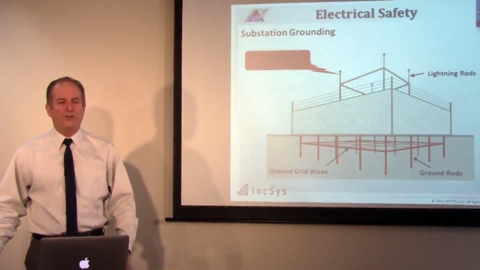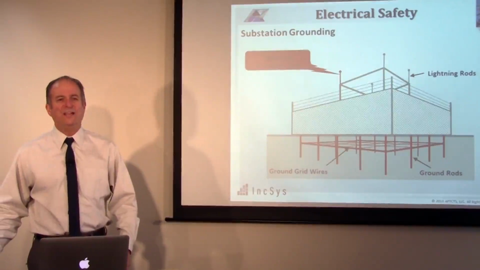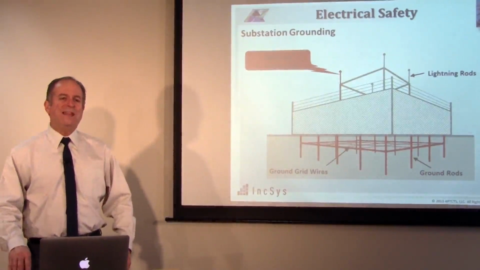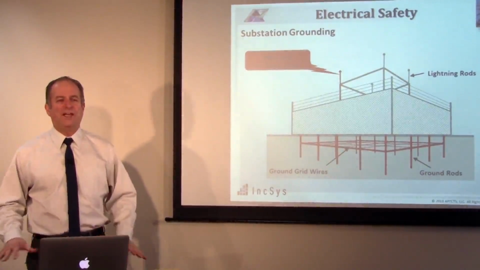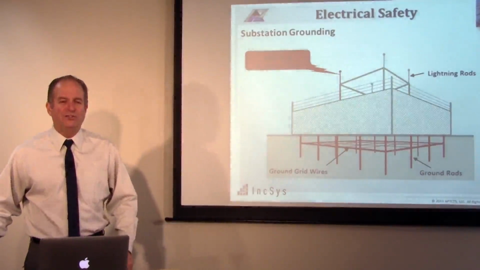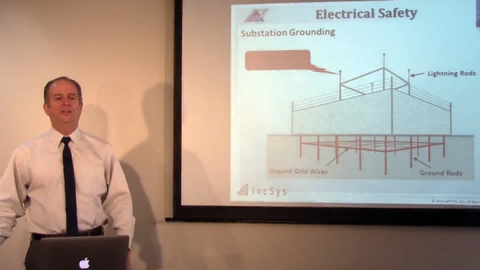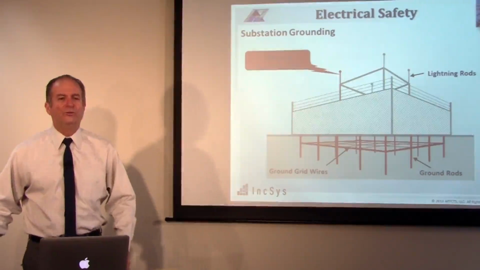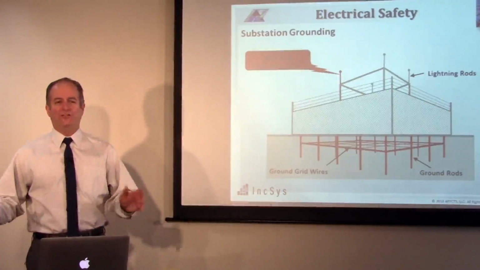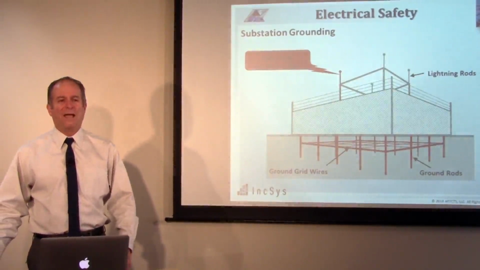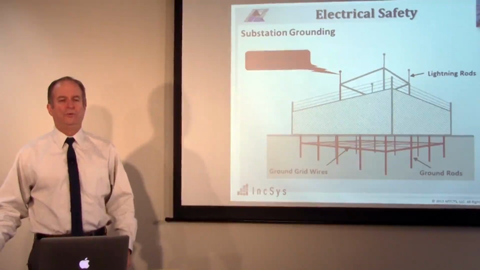Now, when a fault happens in a substation or a lightning strike hits in a substation, that energy is dissipated throughout that ground grid and dissipated into the conductive earth. If it's a fault in a substation, then the energy is going to go back to the sources through the earth, and in some cases back through neutral and static wires, but most of that energy is going to go back to the sources through the earth.